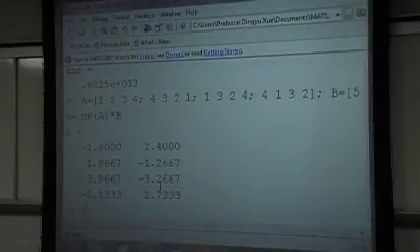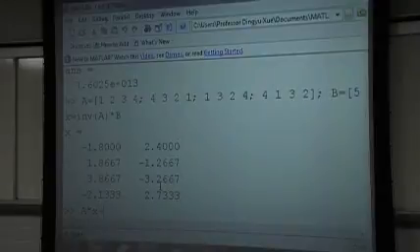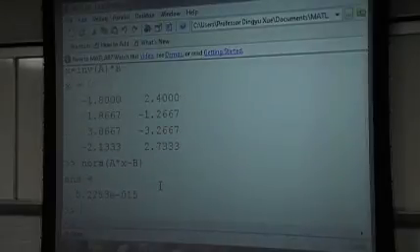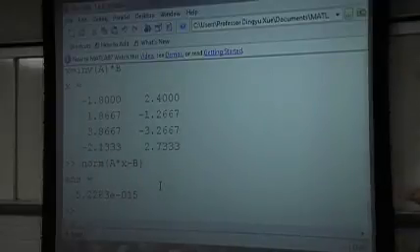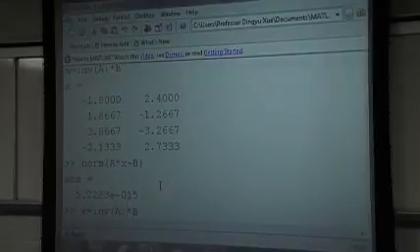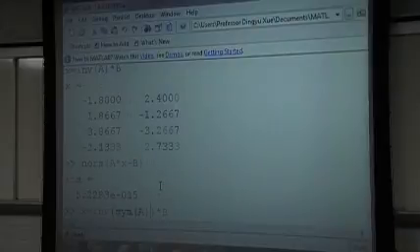So we should compute A times X minus B, and it is a matrix. The best way to check the error is to find the norm of it. And we may be very happy with the result because the error is quite small. And if you are still not satisfied with the result, what you need to do is convert the A matrix into a symbolic matrix, and then find X again.